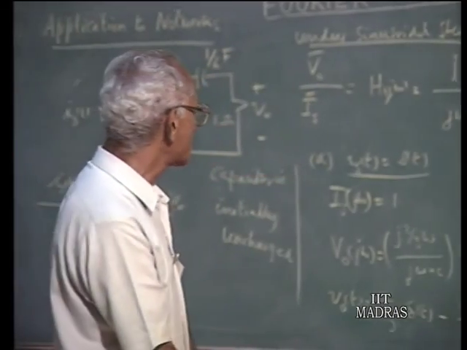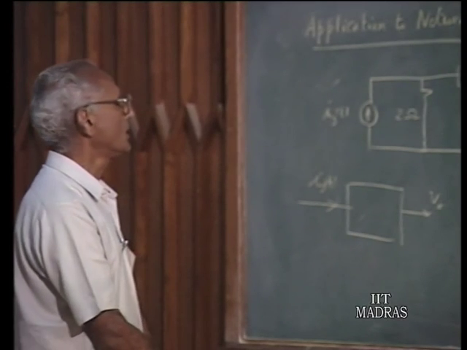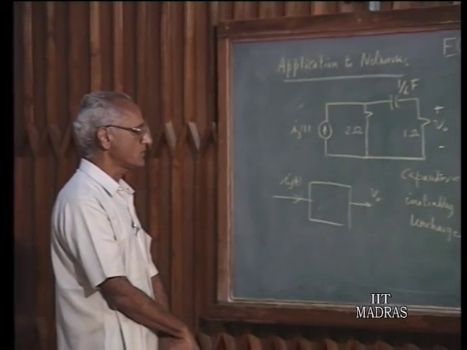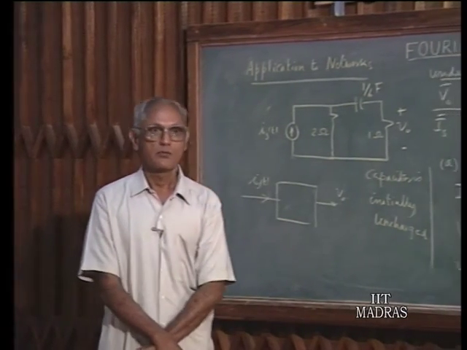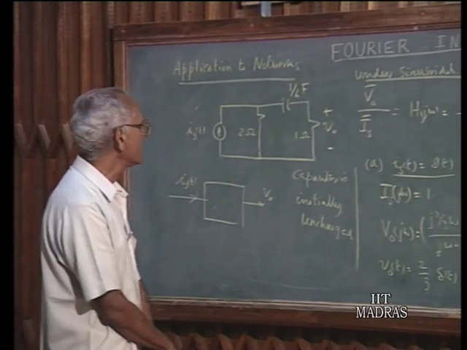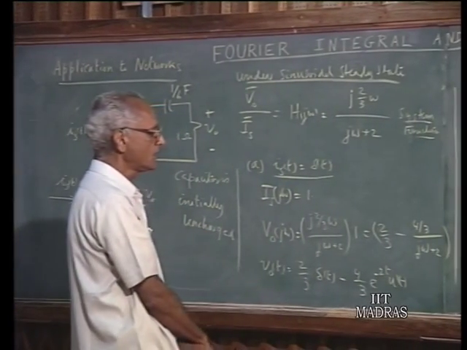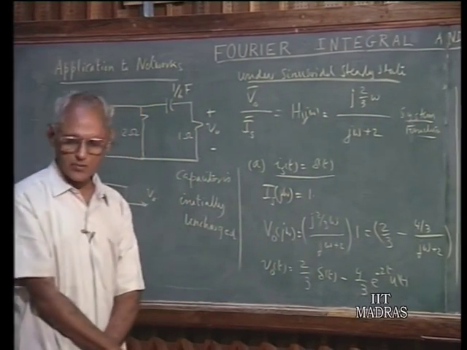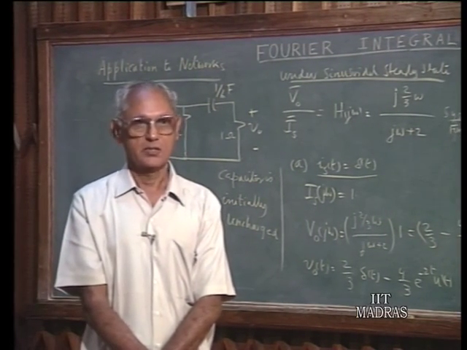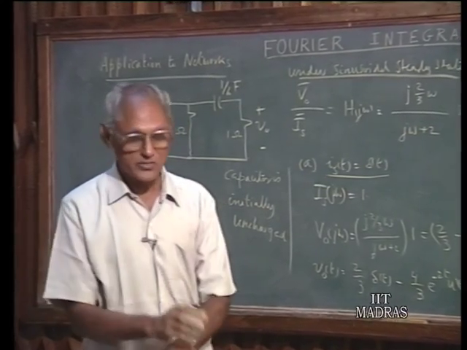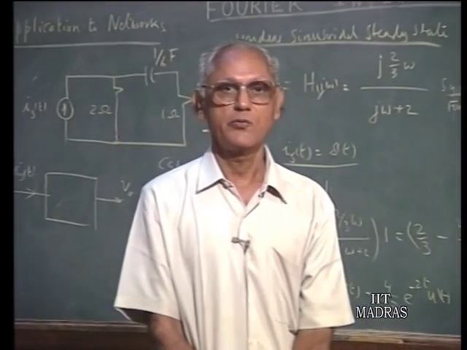And we took up a specific example to illustrate this idea, and we took an RC network and found out the response of the RC network, response in the sense the output across two terminals is calculated for two different excitations, one an impulse excitation, the other a step excitation. And this shows that the Fourier transform theory can be applied to evaluation of the transients in networks, even though the Fourier transform is essentially related to steady state behavior of networks, it can be made use of to evaluate transients as well.